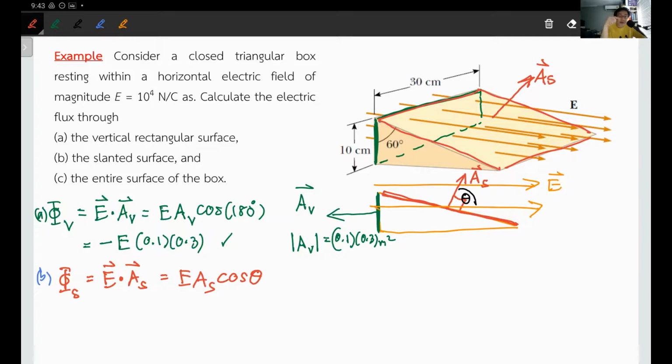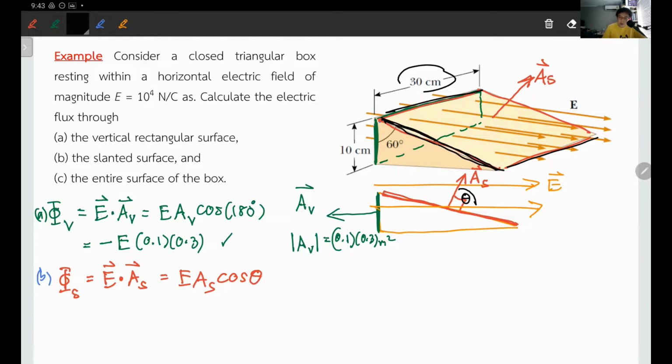Okay, if you're going to go through a proper, traditional, straightforward approach, you can see that A sub S magnitude is going to be the width times the length. Okay, let me highlight in black here. The length is fine. The length is still 30 centimeters. But you need to calculate this hypotenuse here, right? Right there.